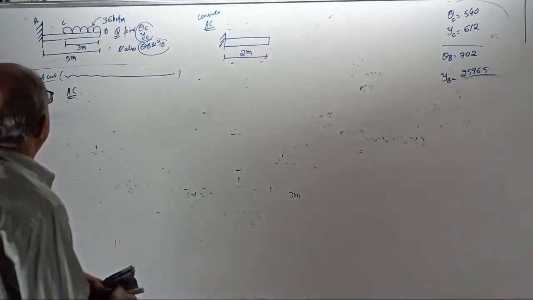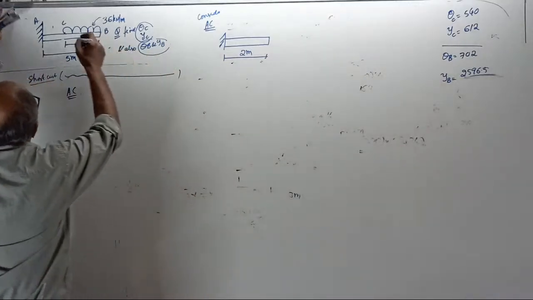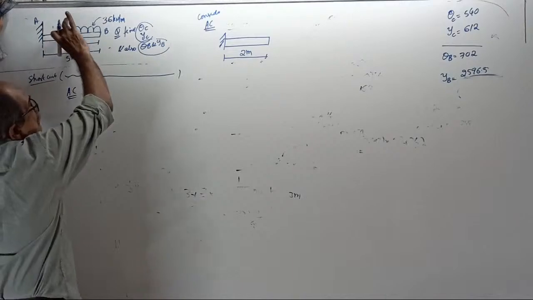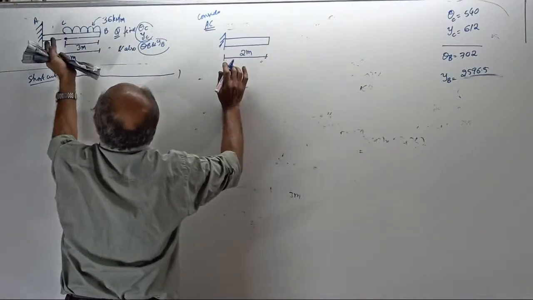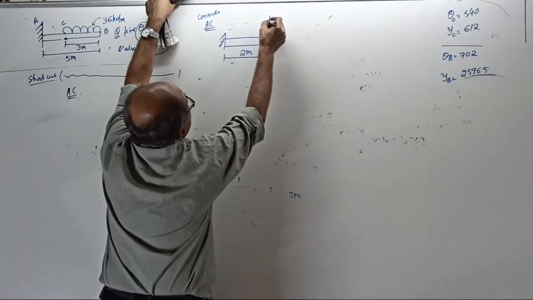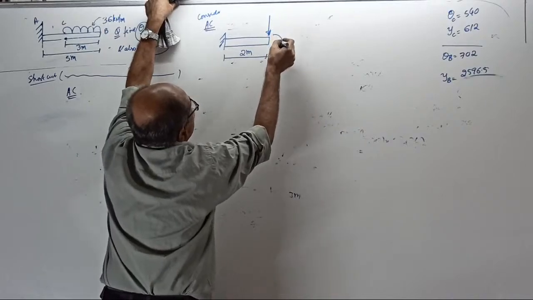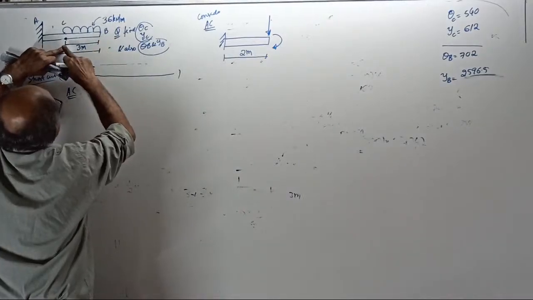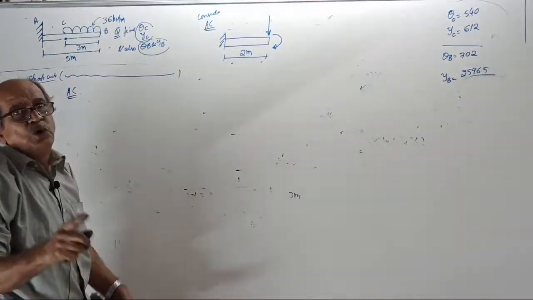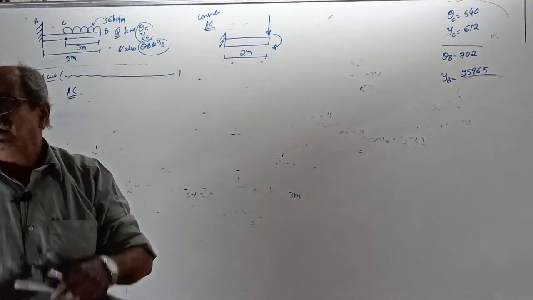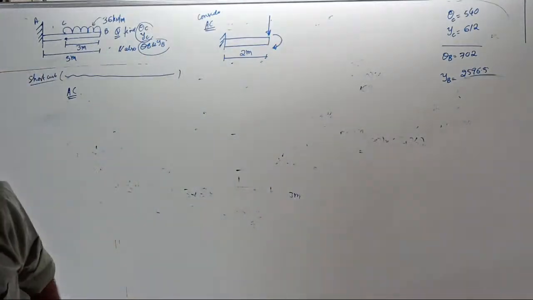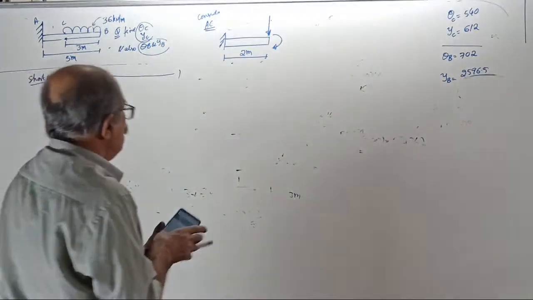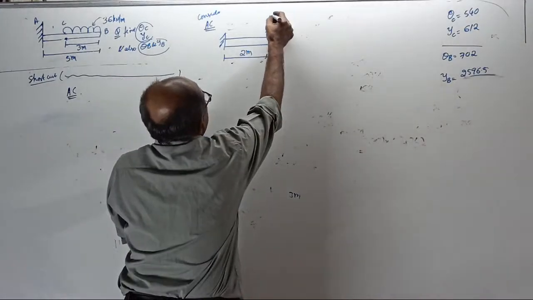But even if there is no load, you should replace the load on that side. So the load on this side will give a downward load and a couple. You should do it. The downward load is 36 into 3. I won't write it, because I just explained. 36 into 3 is the downward load. How much? 108 kilonewton.